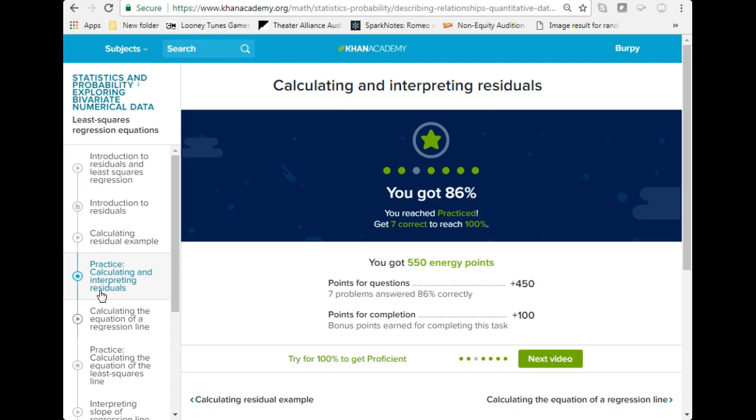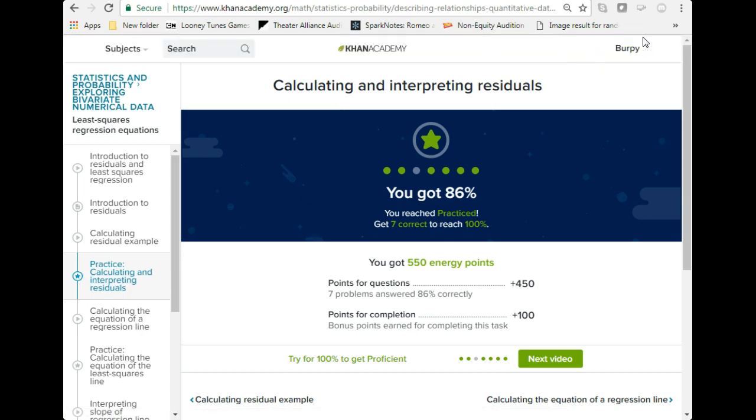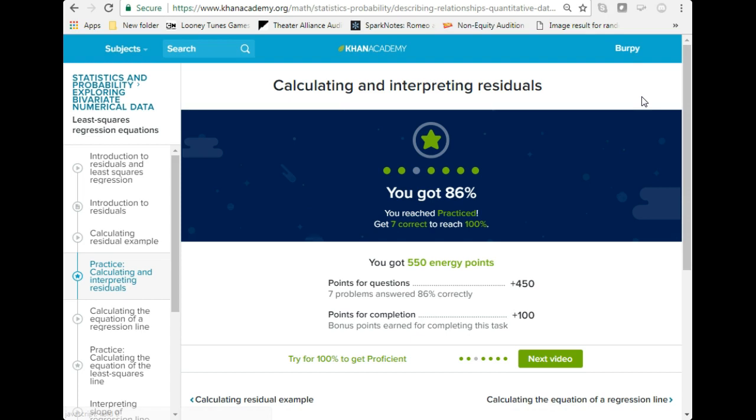It's called practice, calculating and interpreting residuals. I have an account on Khan Academy, but you don't need an account to get this practice. All you need to do is search it up and just type in residuals. And then you can get this type of practice on your own.